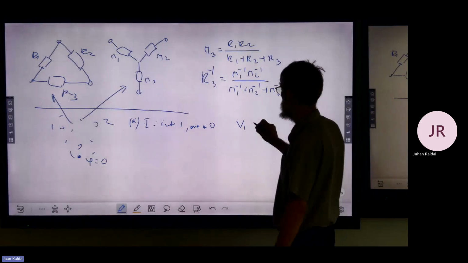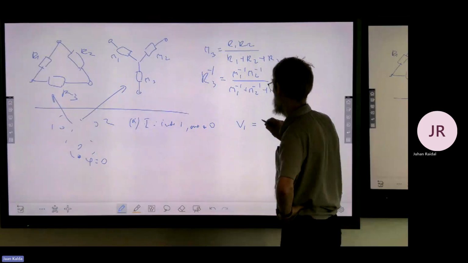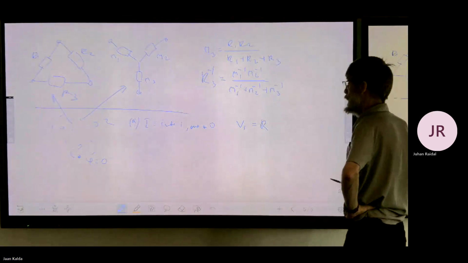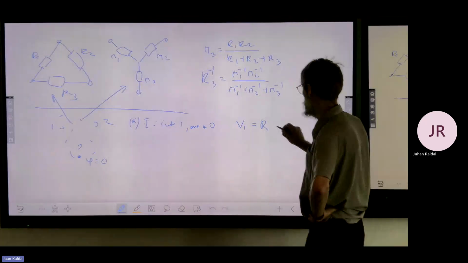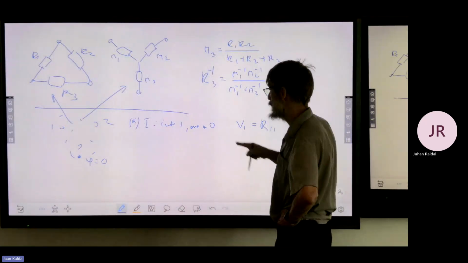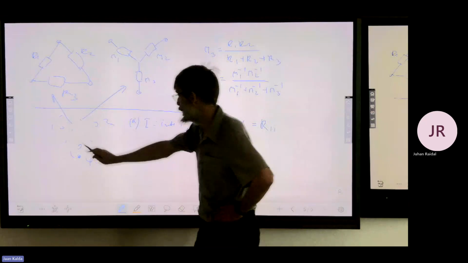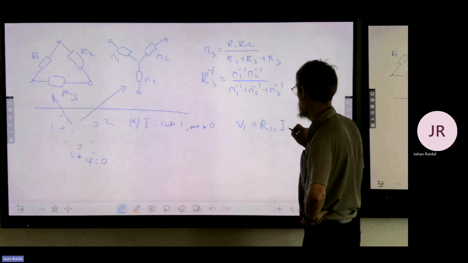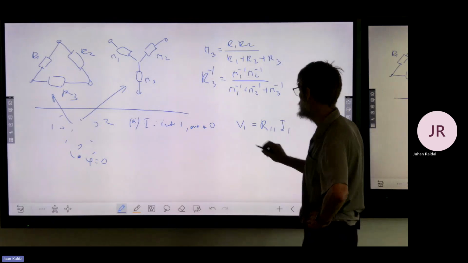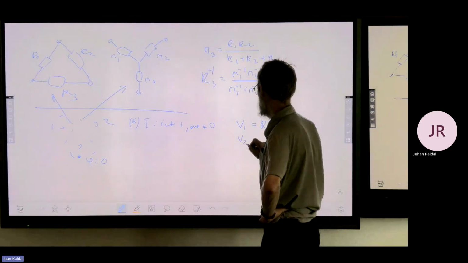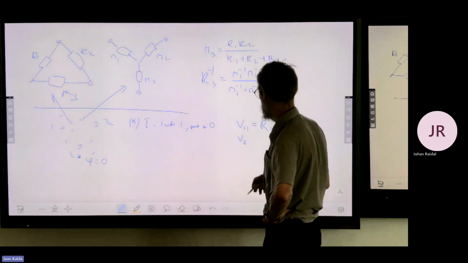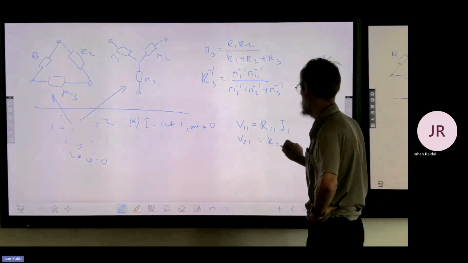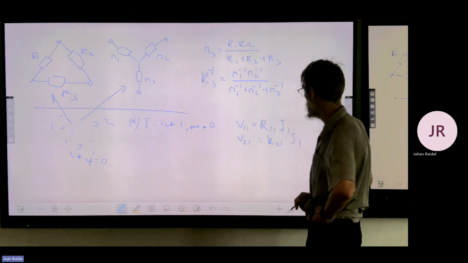V1 is going to be a certain proportionality factor R times index 1, meaning that I measure voltage between 0 and 1 when I let in current into 1, I1. And then we have also V2. Okay, we put here also indices. V21 is R21 I1, right?